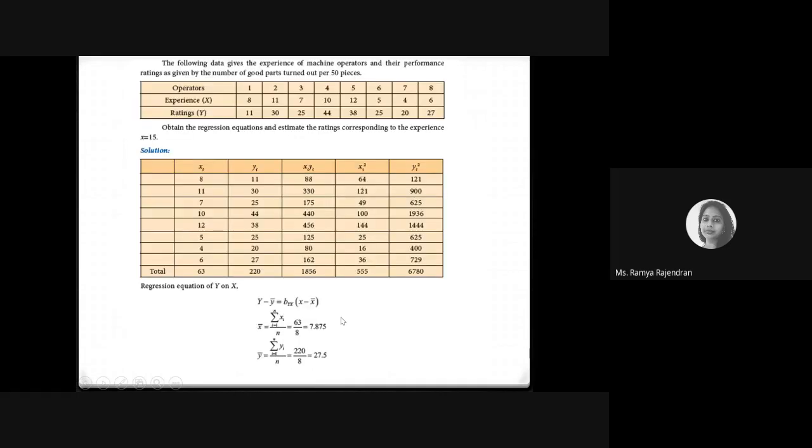Okay, so here we have a question: we have to estimate the rating corresponding to experience x equal to 15. So when a person has an experience of 15 years, what would be his rating? We just computed a linear equation here, y equals ax plus b.